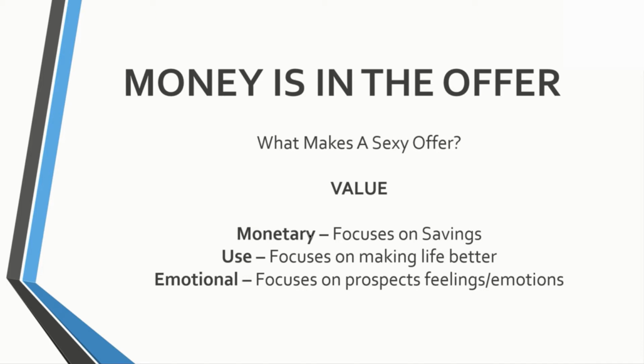Okay, so monetary value focuses on the savings. So that's something like where normally it's $99, but today they could get it for $59, right? That's a huge savings. One of the products that I used to sell was an outdoor action camera, very similar to a GoPro. The GoPro was $400, and I was selling this product for $100, right?